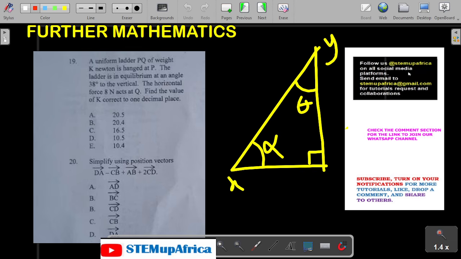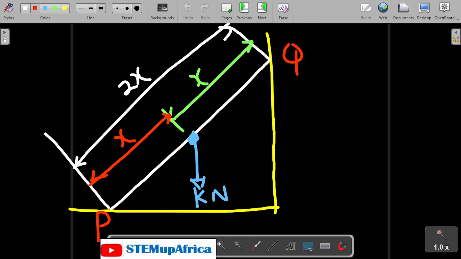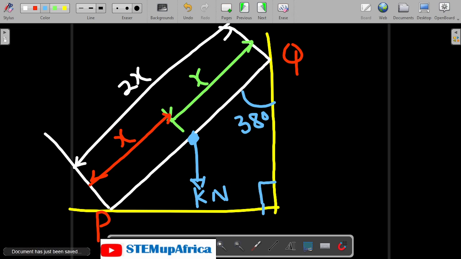Now, if you go back, the ladder makes an angle of 38 degrees with the vertical. So where is the vertical axis? The ladder makes an angle of 38 degrees with it. Don't forget, here is a right angle. If you apply the sum of angles in a triangle, let me call this point R first, here will be 52 degrees.